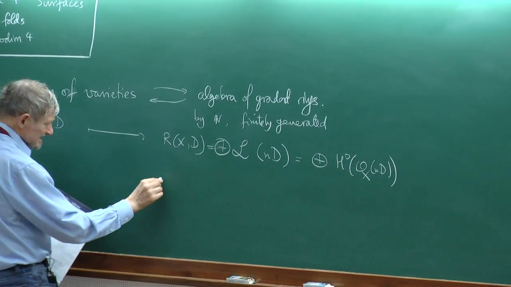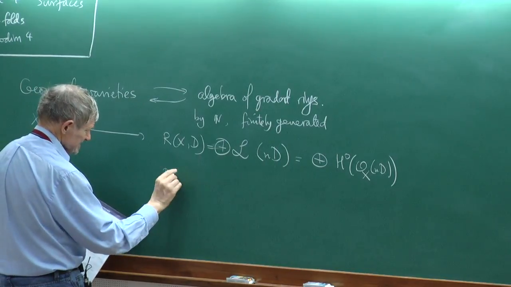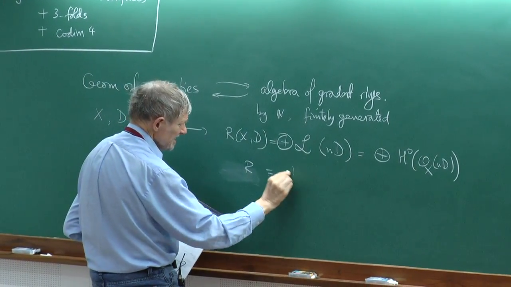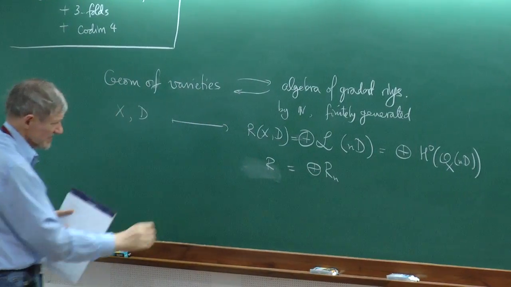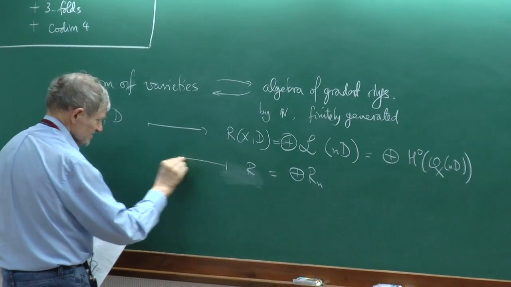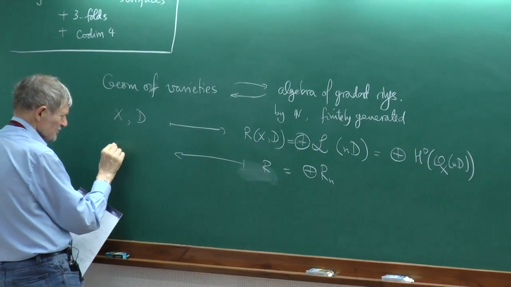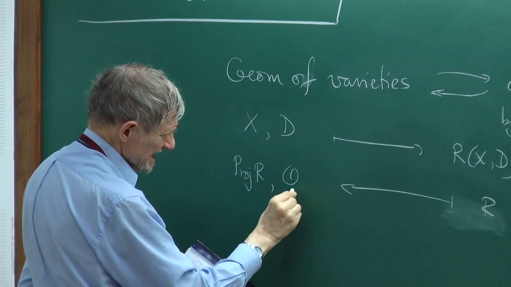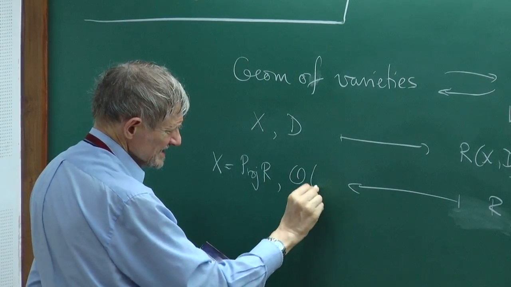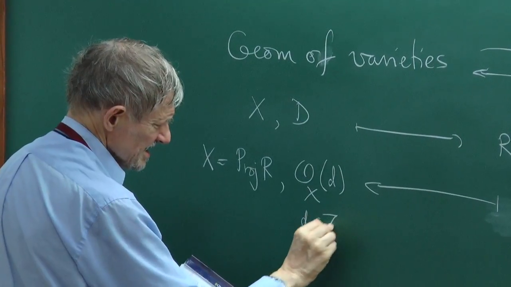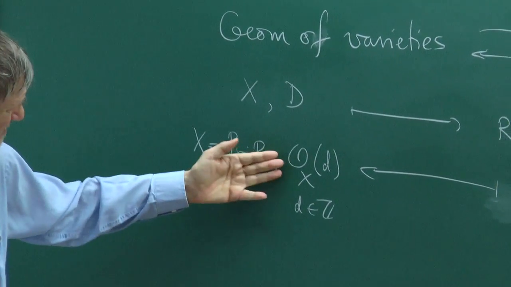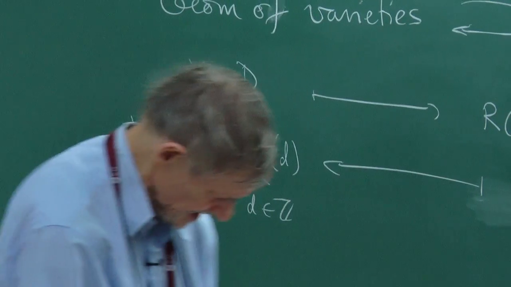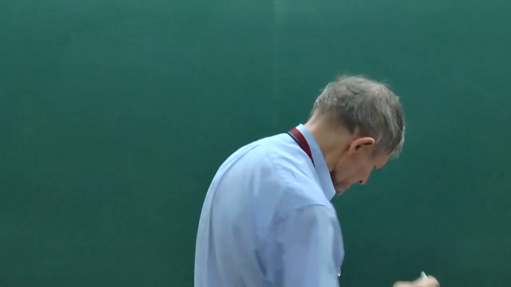And then the converse: given a graded ring R, a general graded ring, I can go back to Proj R. And Proj R comes equipped with this family of sheaves, O_X(D), one for every D in Z. Under some circumstances, these two constructions are basically inverse, but certainly not in general, and not in any categorical sense.